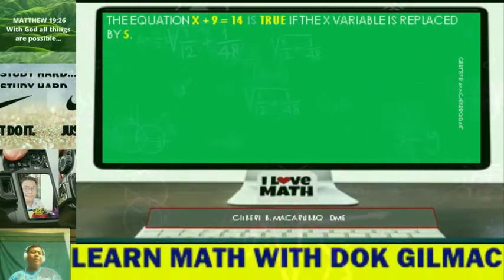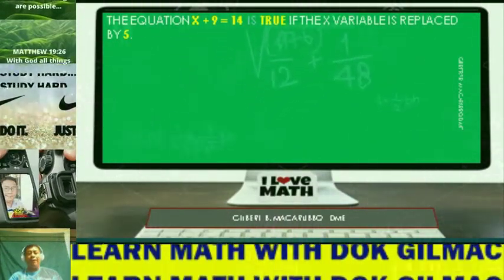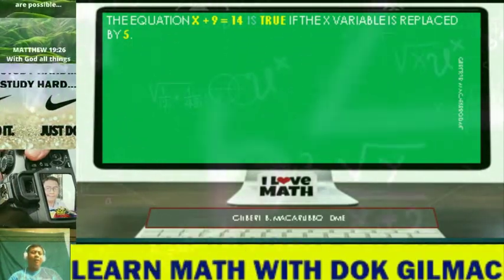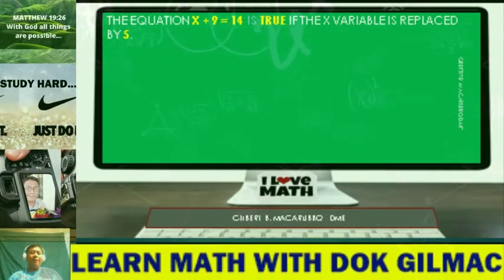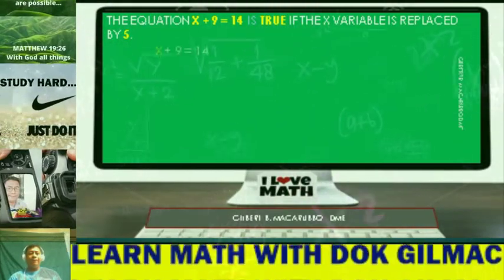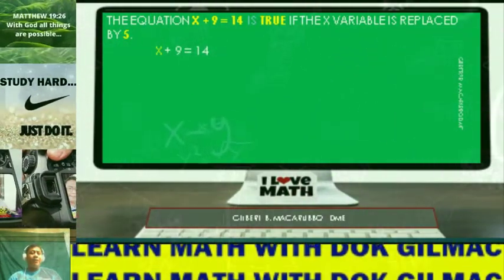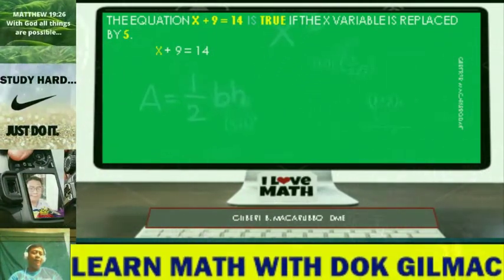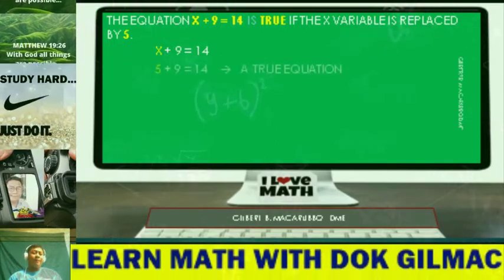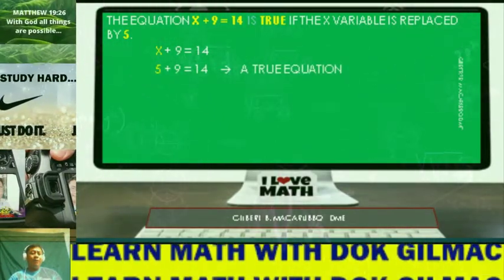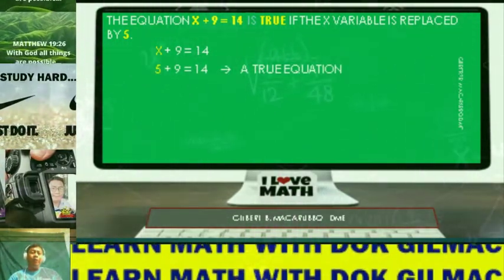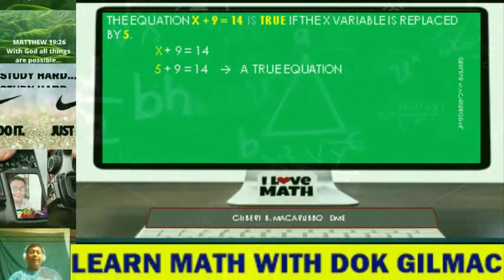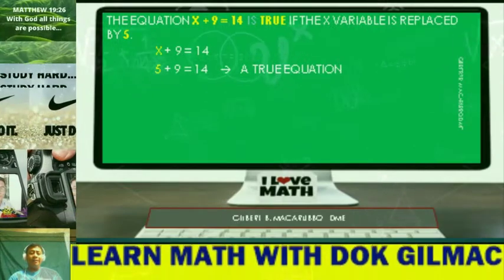The equation x plus 9 equals 14 is true if the x variable is replaced by 5. That is, substituting 5 to x, we have 5 plus 9 is equal to 14. This is a true equation since the left side and the right side is equal.